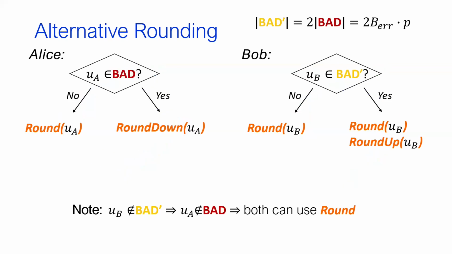So Alice is always going to check if her share is in the red area and use the appropriate rounding method. And Bob, if his share is outside the yellow area, he knows Alice's share is also outside, so he can just use the standard rounding.